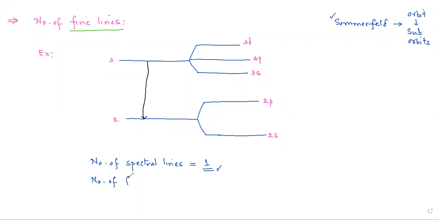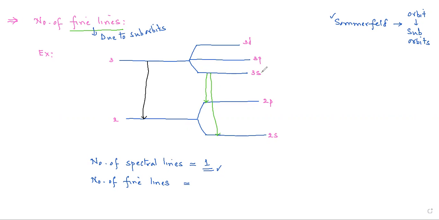Now let us check the number of fine lines. Fine lines are due to the suborbits or sublevels in the main level. Check out, from any higher sublevel to any lower, say from 3s, the electron may get de-excited to 2s. 3s to 2s, it may be from 3s to 2p also.